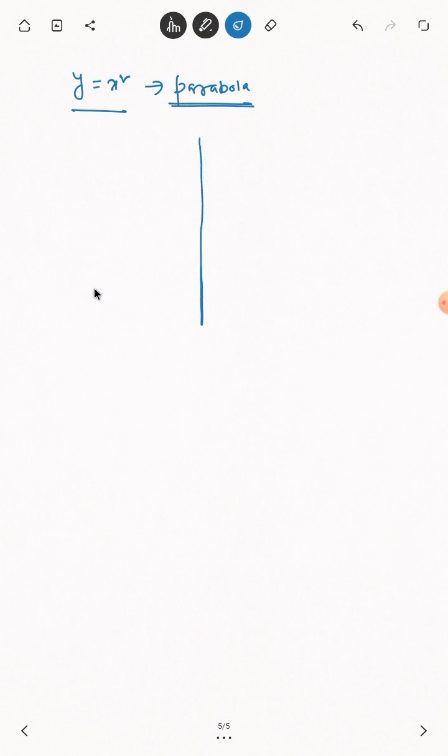Now comes the question for a plane curve. Say y equal to x square. We all know this is a parabola. In 2 dimensions, this is a parabola. So we should draw that. It will be like this.